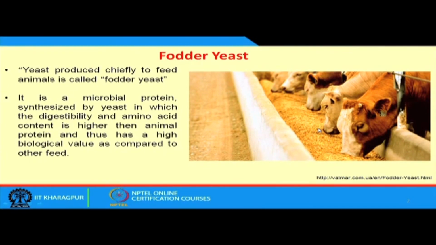When I was talking about single cell protein, I told you that a major advantage is that the cells grow very fast compared to any other biomass, such as plant biomass. So it is always desirable to use microbial protein as our food.